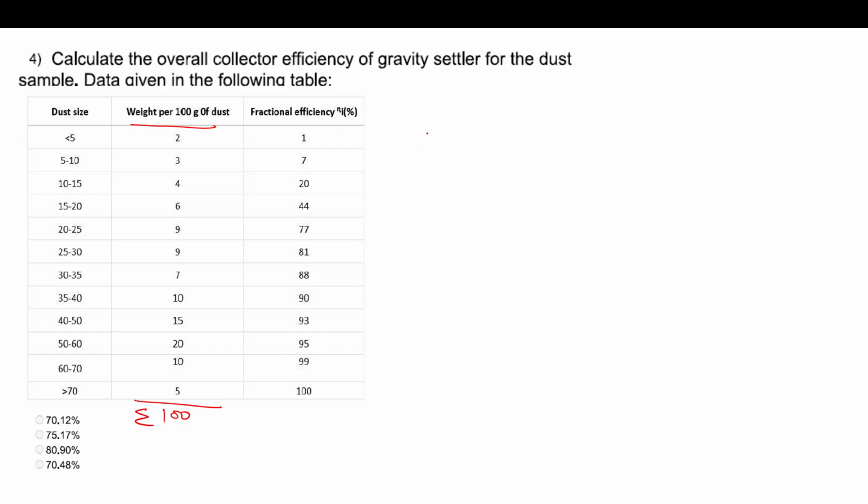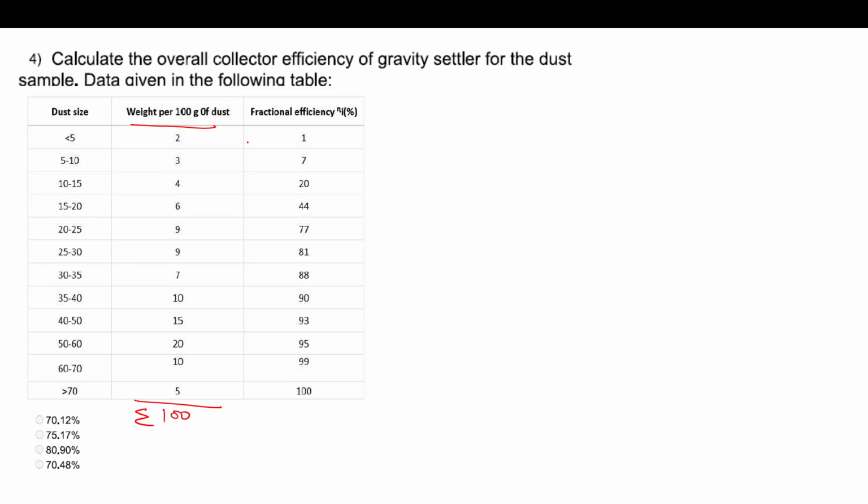So for overall efficiency, what do you need to do? Can you tell me the formula? It is very basic. Okay, so let me tell you.